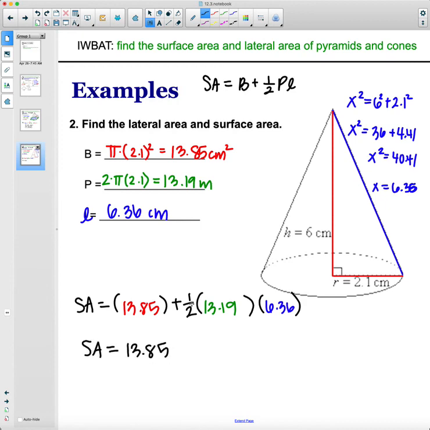So again, you can do 0.5 times 13.19 times 6.36. And so for that part, you get 41.94. So that's your lateral area, 41.94. Add the base onto that, the 13.85, and we get our total surface area of 55.79 centimeters squared.